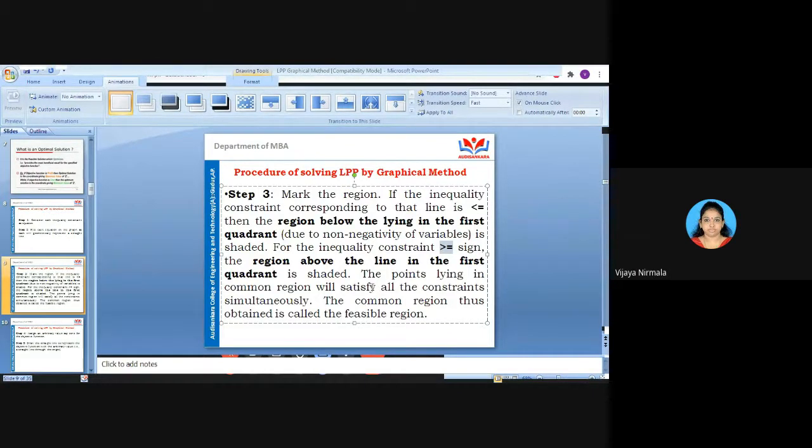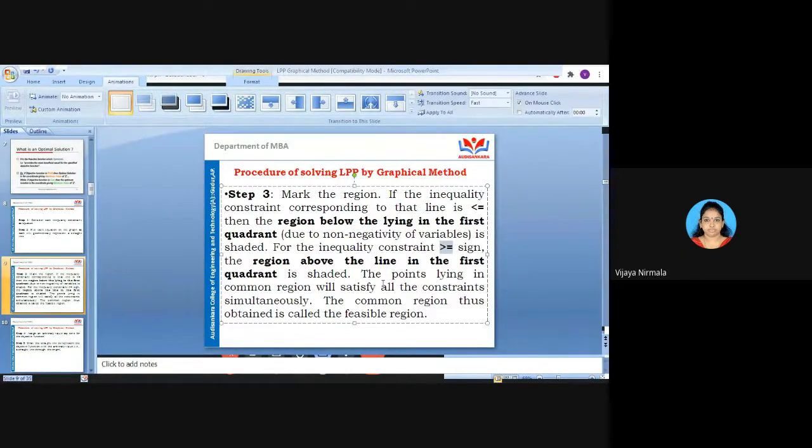If the constraint is less than or equal to, shade below in the first quadrant. If the constraint is greater than or equal to, shade above. That is important here.